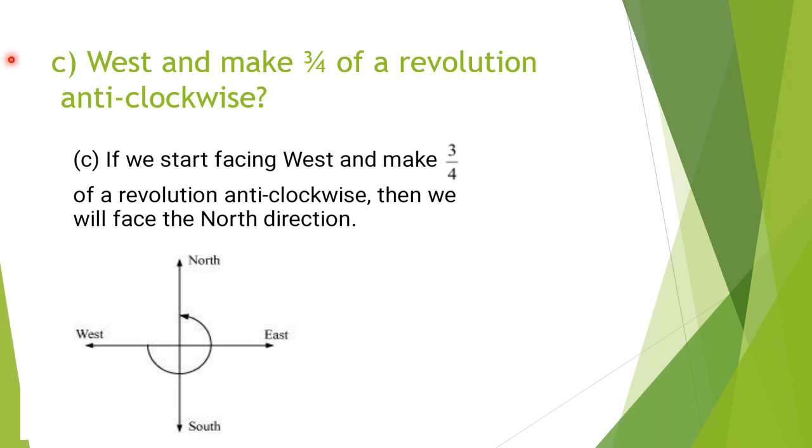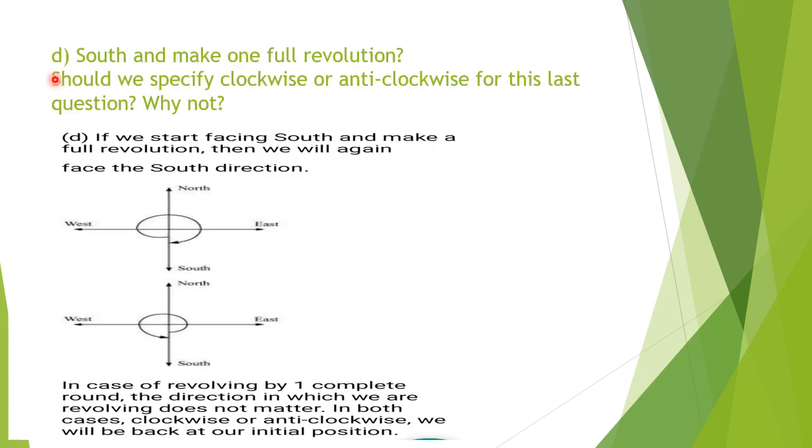Question C. West and make 3 upon 4 of a revolution anti-clockwise. If we start facing west and make 3 upon 4 of a revolution anti-clockwise, then we will face the north direction. D. South and make one full revolution. Should we specify clockwise or anti-clockwise for this last question? Why not?